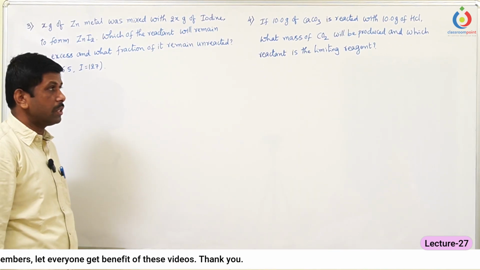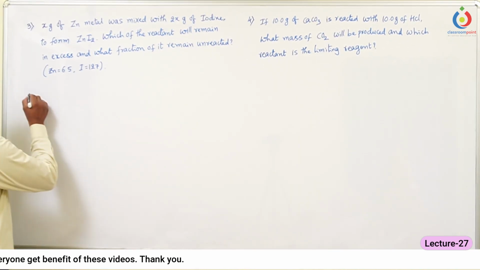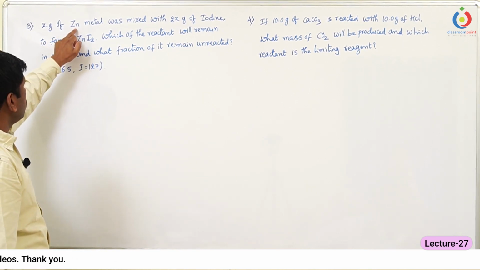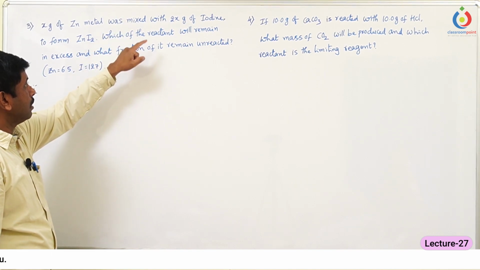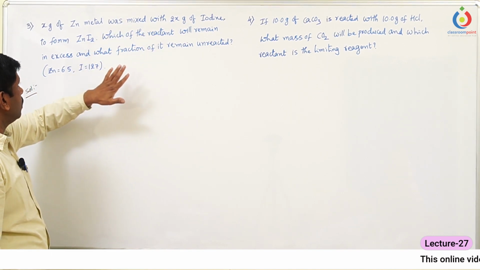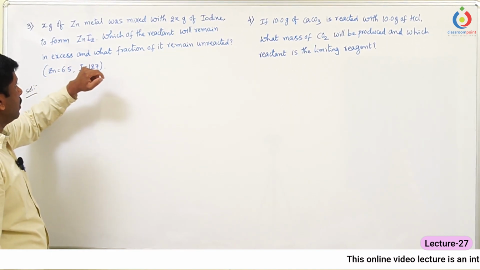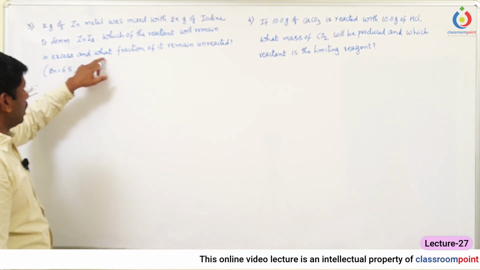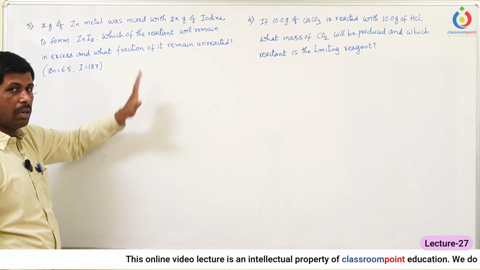Now let us see some more questions. The given question is: X grams of zinc metal was mixed with 2x grams of iodine to form zinc iodide. Which of the reactants will remain in excess and what fraction of it remains unreacted?